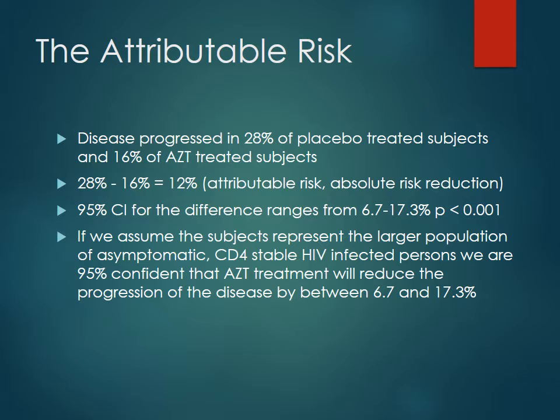And for when we're doing differences in means, so if we're subtracting or adding means, something like that, 0 is going to be your point for significance, right? Because again, if there was no difference between these groups, if we would say that the null hypothesis is true and the AZT does not influence the risk for disease progression, that difference there would be 0, right? Because the risk would be the same between both groups. Okay, so if my confidence interval encapsulated 0, then I would know that that would be a non-significant result.